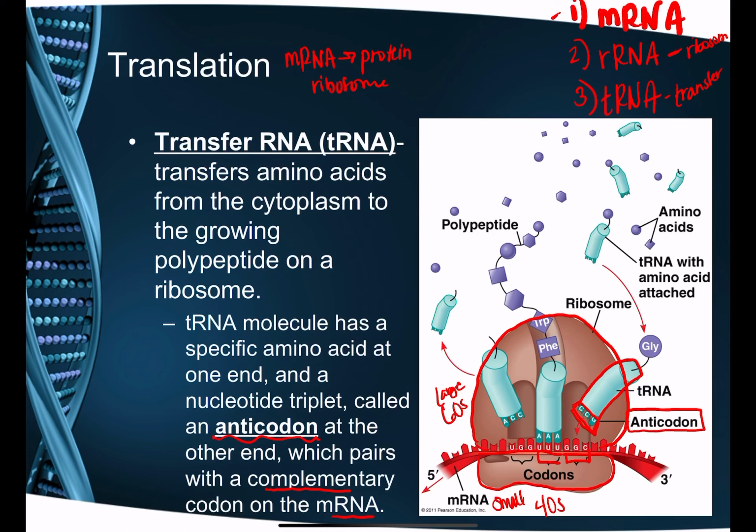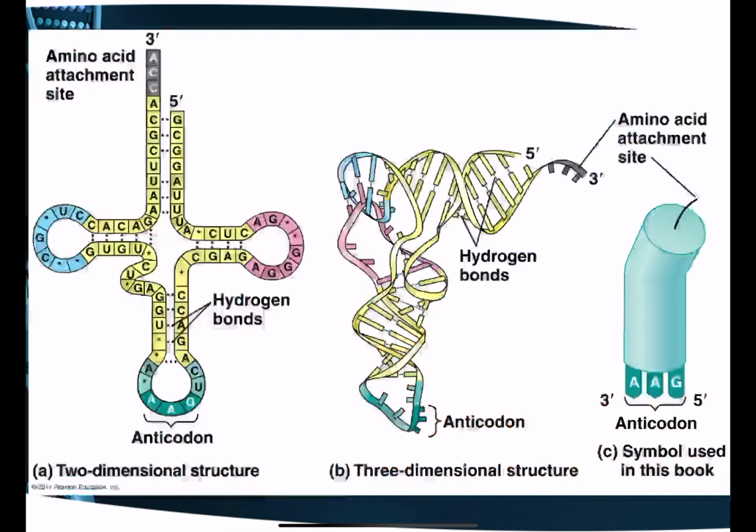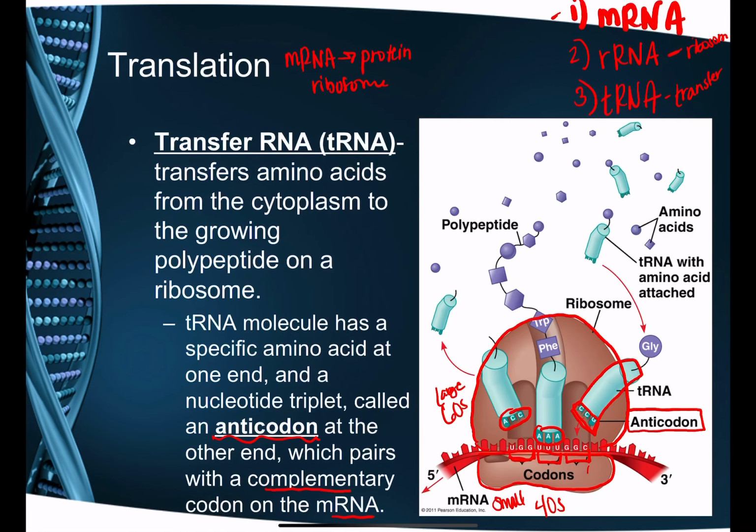This one says UUU, so here we have AAA. This one on the mRNA says UGG, so the anticodon on the tRNA says ACC, okay? So again, it's another triplet. But the tRNA is bringing that amino acid in according to the instructions on the mRNA so that we can grow this polypeptide chain that you see here, okay?